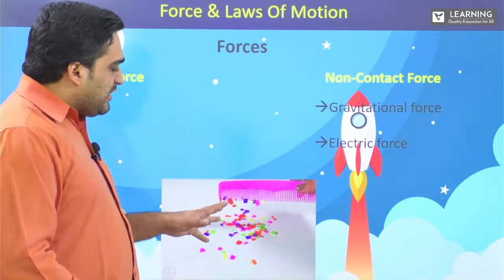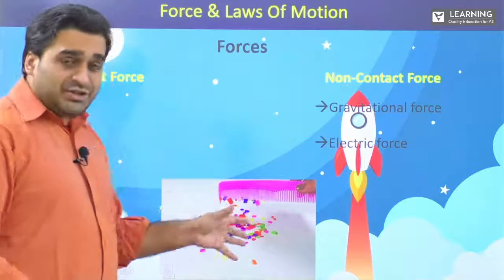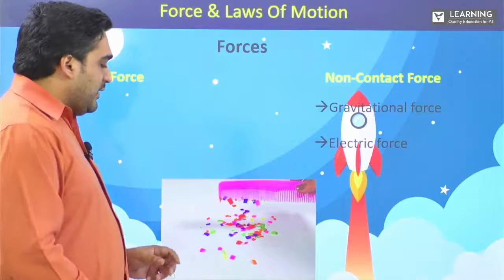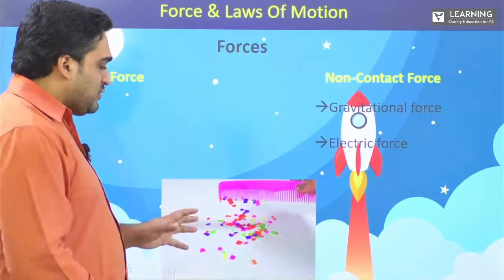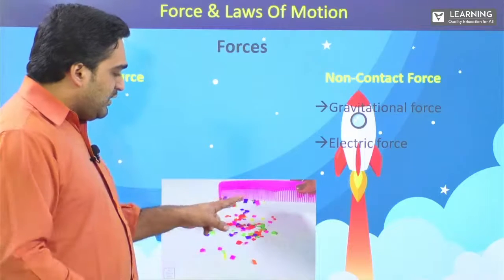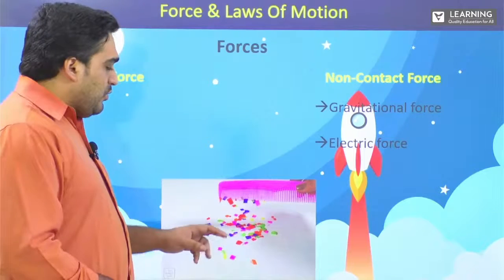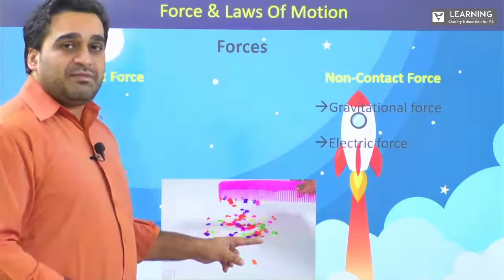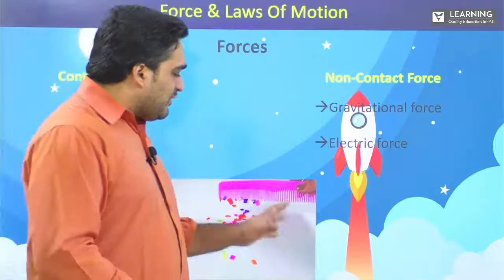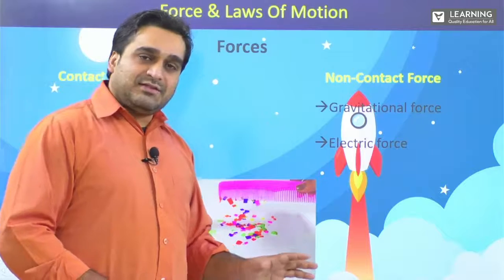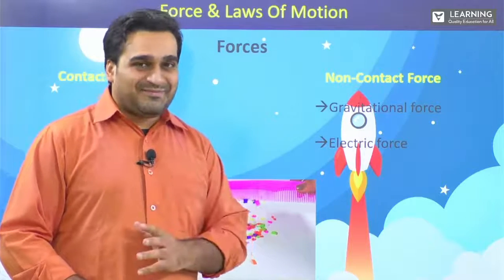So this is an experiment, an activity where you take a comb and you brush it against your hair. When you bring it close to those bits of paper, dry hair, not wet hair, what you observe is those bits of paper get attracted to the comb. You must have also tried the same activity, except in place of a comb, you must have used a scale.